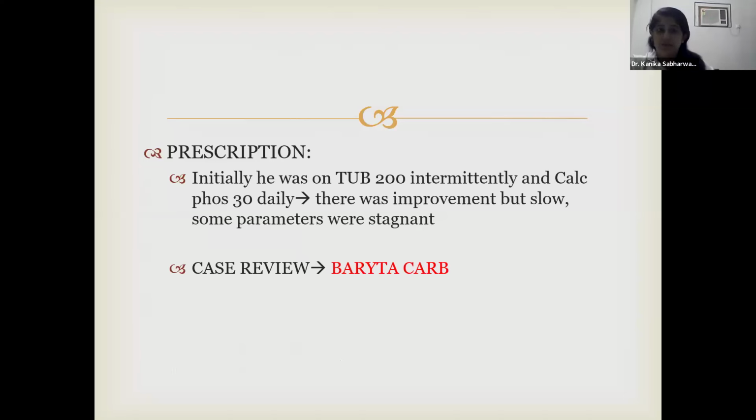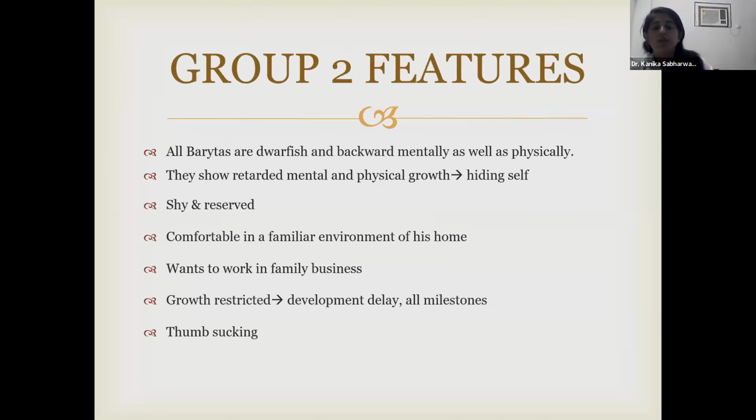He did improve, but it was very slow, and some parameters such as bowel bladder training, cognitive were not increasing at the rate I wanted. So I did a case review. I'll show you my analysis, and I came to Baryta carb. So what are the features of Baryta that I took?